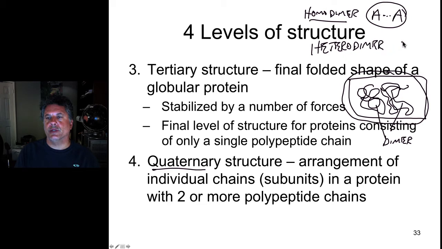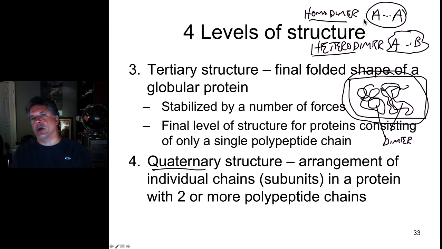That would be where two different protein chains came together, let's say A and B, to form a functional protein. This would still have quaternary structure, but the quaternary structure would be formed by two different polypeptide chains. And of course you can have trimers and multimers that go beyond just two. I just use that as an example.